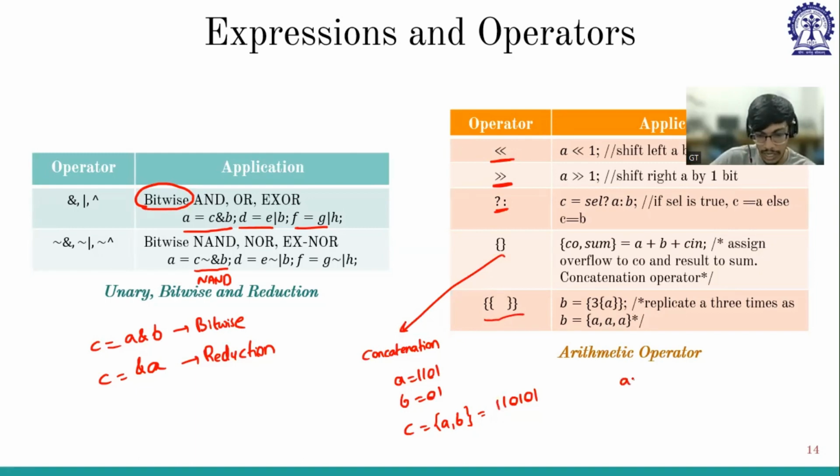A is 110. If I do B equals 3 times A, it will concatenate A with A with A, 3 times. So B can also be written as A comma A comma A. So it will be 110, 110, 110. This is an operation which you may use if you want to, but for information, you should know what operators are available that we can use.